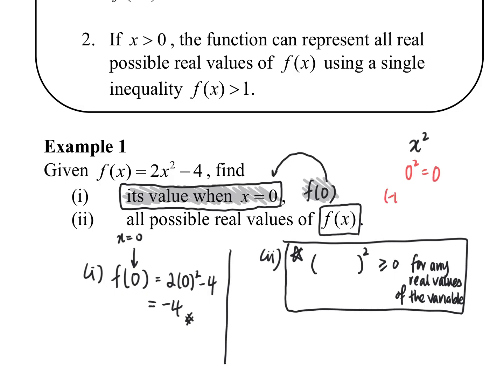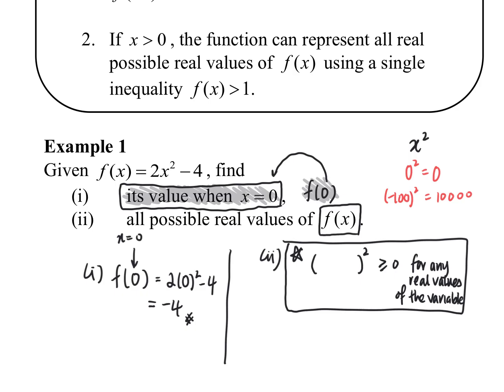But if I put negative 100 and square it, it will give me 10,000, a more positive value. The bigger the negative value I put in, the more positive the result. Whether it's a very big positive number or a very negative number, when I square it, it gives me a very large positive number. So the smallest value is 0, because everything else is going to be bigger than 0.